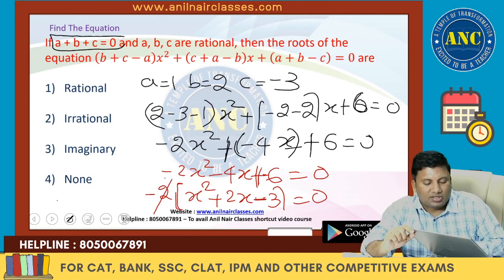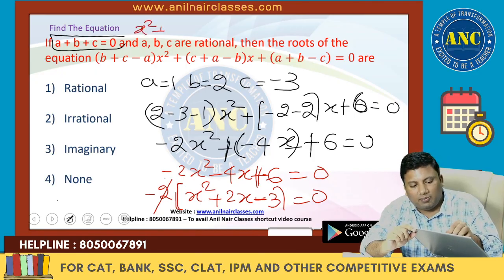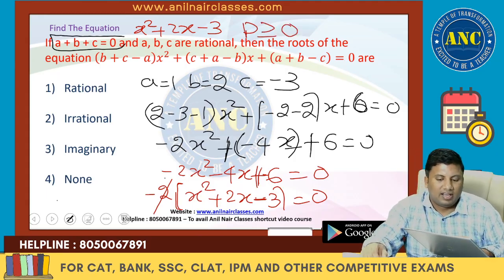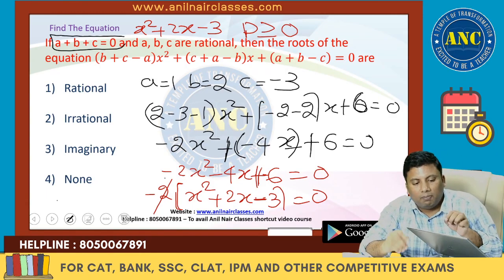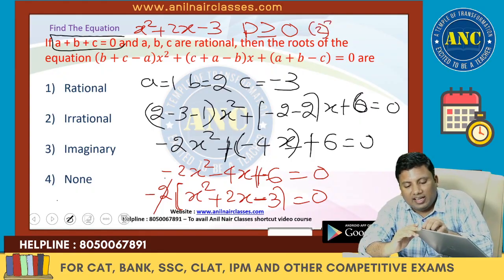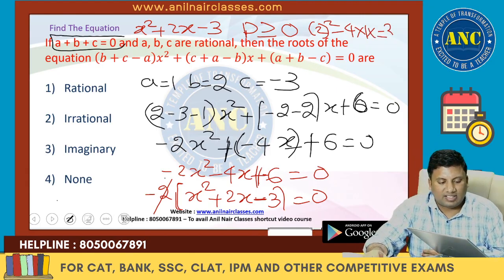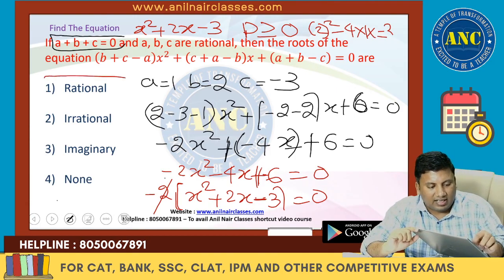So x square plus 2x minus 3, discriminant D is greater than or equivalent to 0. B square minus 4ac: 2 square minus 4 into 1 into minus 3. 12 plus 4, 16 I got. So the answer is rational.